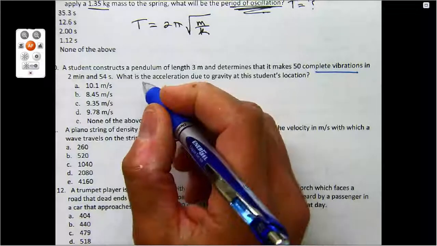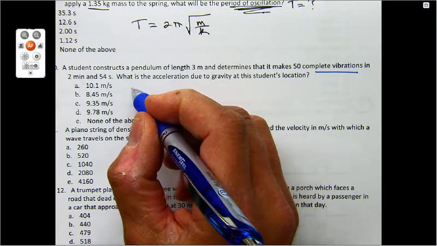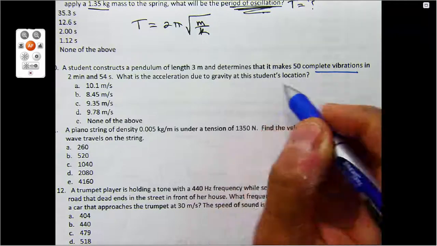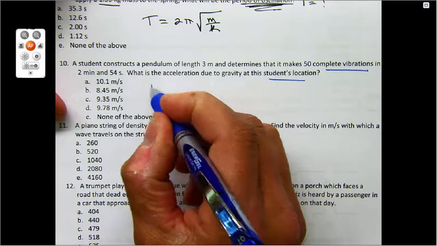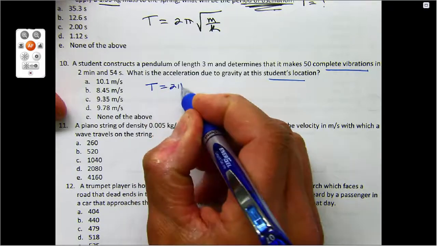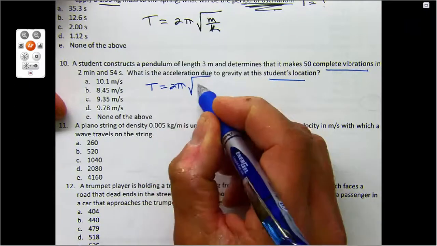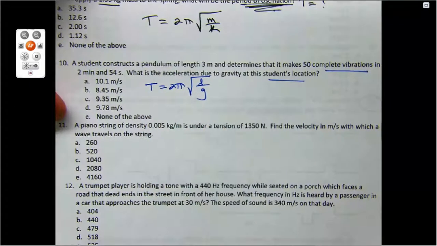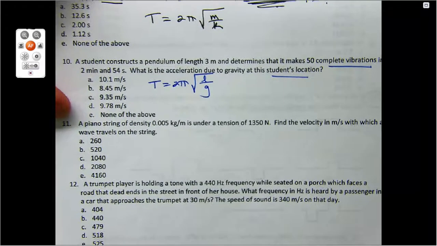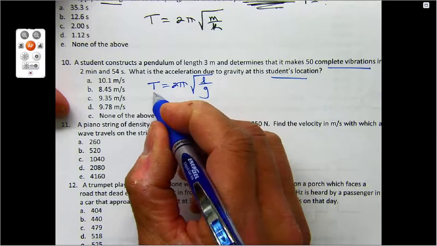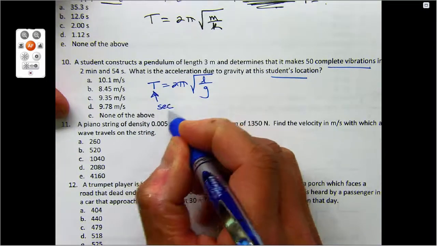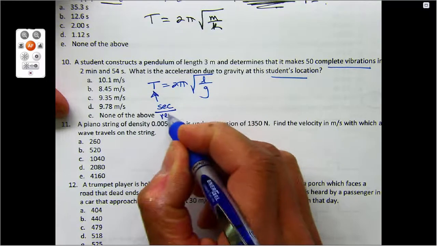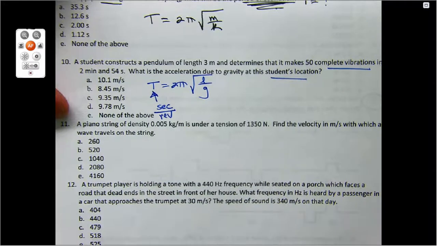Okay, so what does the acceleration due to gravity do at the student's location? Okay, so we have this equation, 2 pi times the square root of L over g. So if we do this period, we want this in seconds per revolution or oscillations or something.